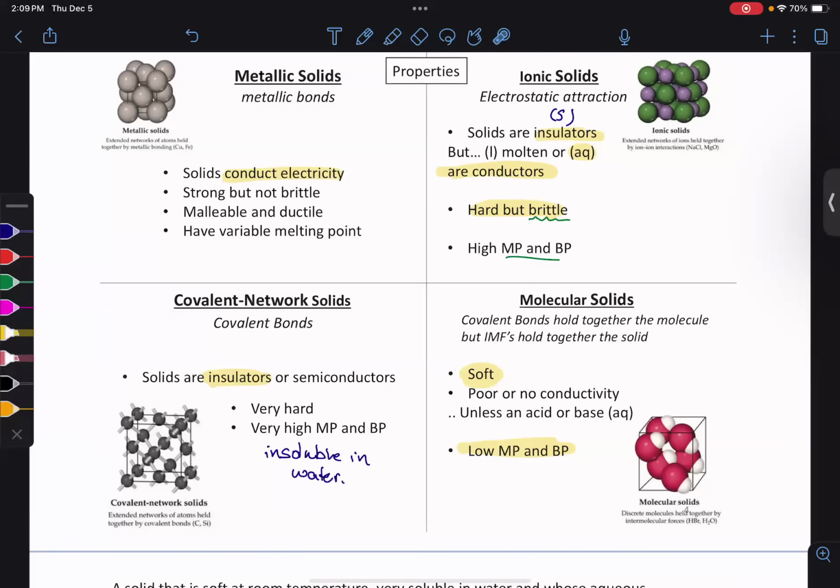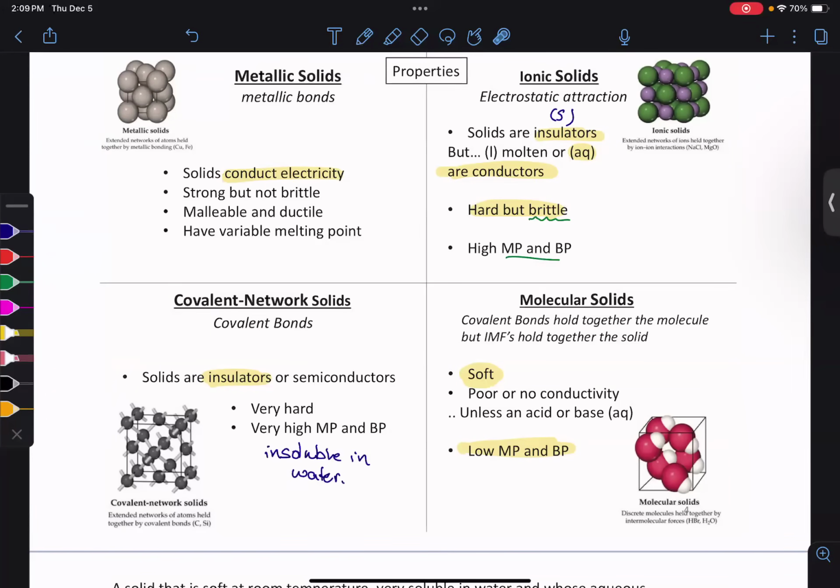Right, and then here are some of our other solids. I've highlighted in this slide what I think are the important properties that give away that substance. So for example, metallic solids, metals, their solids conduct electricity. But ionic solids like NaCl, salt, technically salt in the solid phase does not conduct electricity because even though it's made of cations and anions, in the solid phase they can't move.